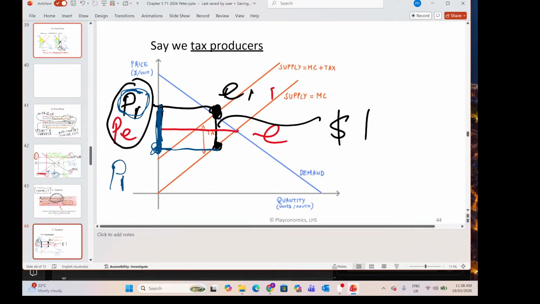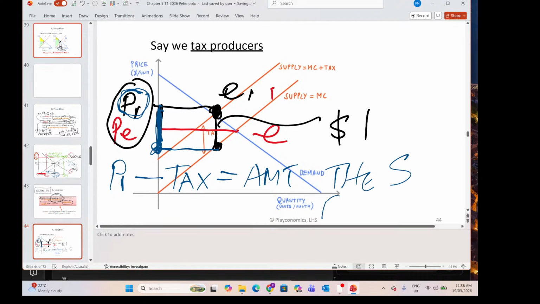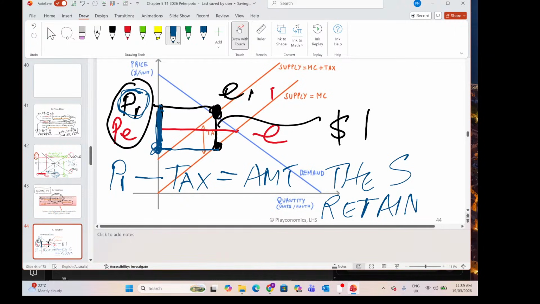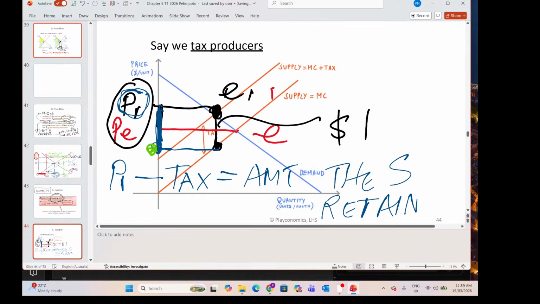That's the price they're charging the consumer minus the tax. So this equals the amount the supplier retains. That's what they get to keep. So they might be charging P1, but they're not keeping P1. They're keeping where I'm marking the green dot.